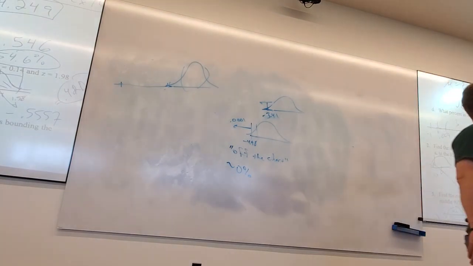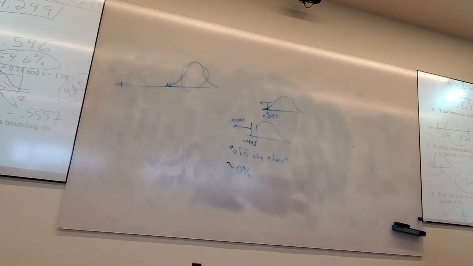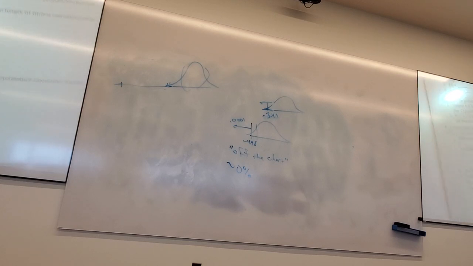Okay, yes. Cool. Question from the homework. Yeah. Chapter 5, number 77. They give us a train arrives every 8 minutes, so it goes from 0 to 8.